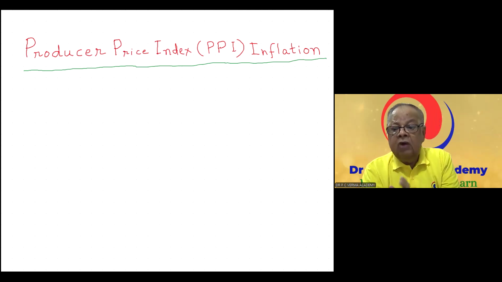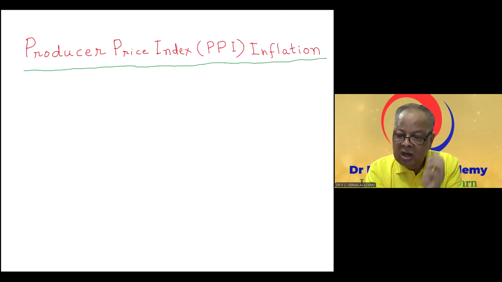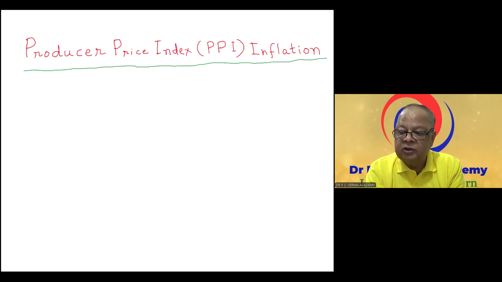On the other hand, in India, what happens? In India, more stress is on CPI, the Consumer Price Index. Consumer Price Index is that index which is measured at the consumers level. Last point. CPI, Consumer Price Index, measures the changes in the price of goods and services paid by the consumer.